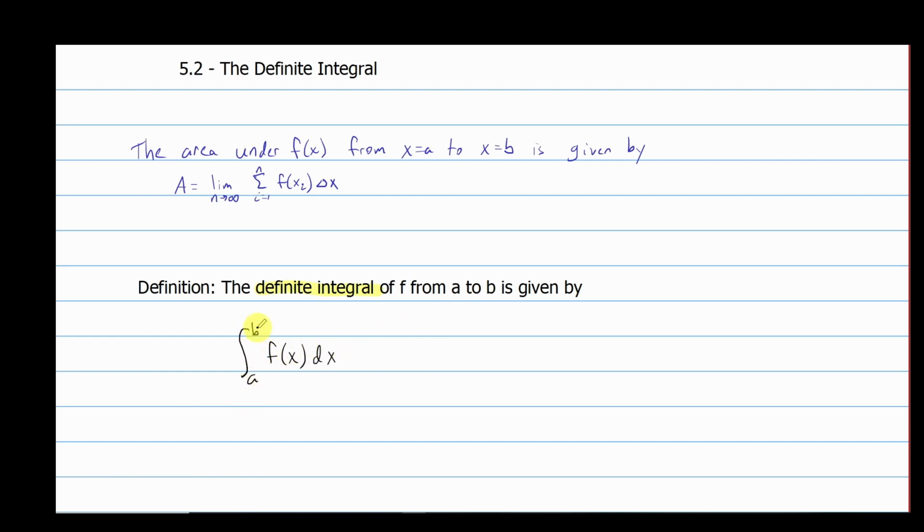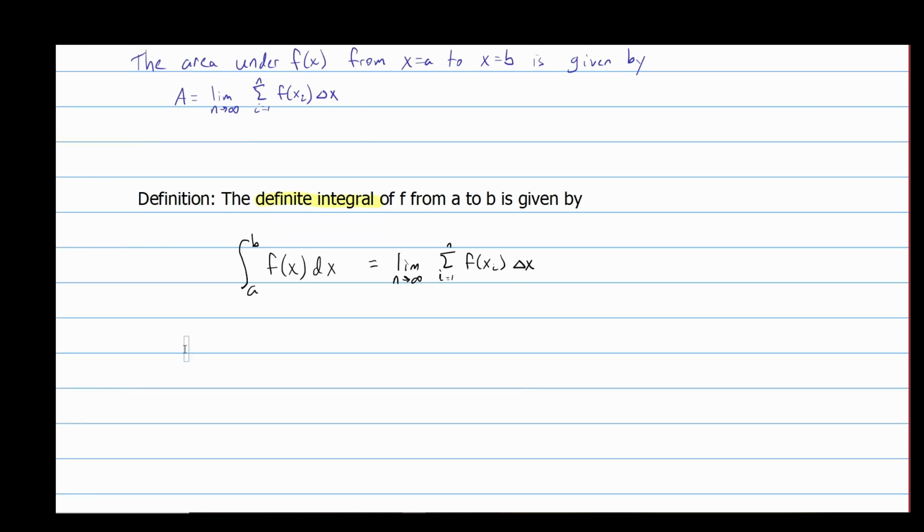So we put the a and the b as lower and upper limits on the integral symbol. We have our function f of x dx. And we're going to define this to equal the limit as n goes to infinity of the sum from i equals 1 to n of f of x_i delta x. So this definite integral thing that we're defining can be interpreted as area under a curve.